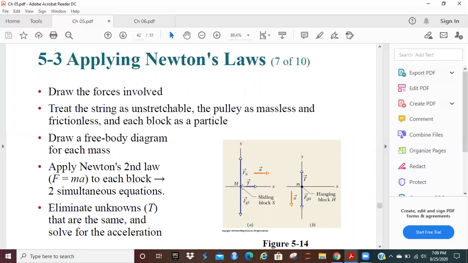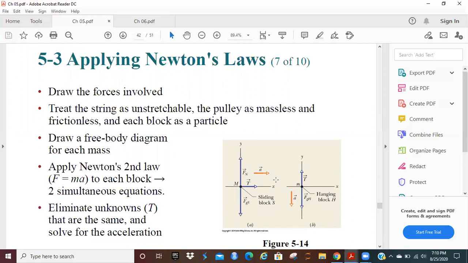So for block big M, or sliding block S, we have the tension of the rope being pulled this way. We have a force that's normal to this particular block. We have gravity, which is pulling on it this way. And if it is accelerating, it would be accelerating in this direction, because these two forces are canceling out in the y direction.